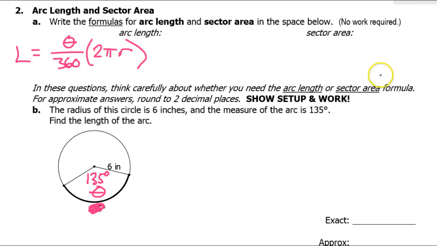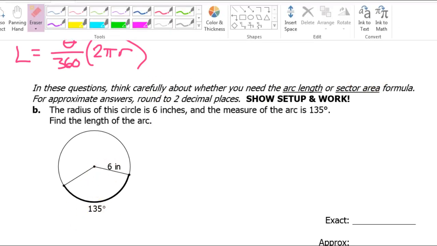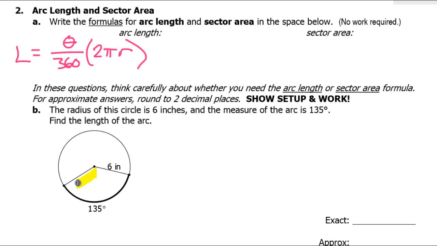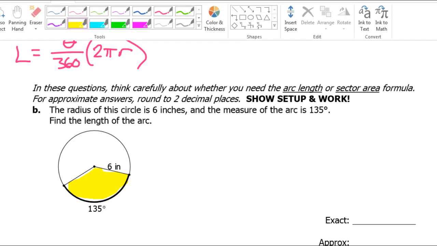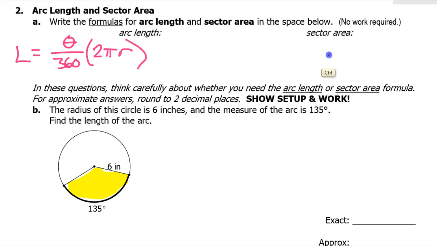On the other hand, when we're talking about sector area, we're dealing with the space on the inside here. All right? Not just the border, but all of this that I'm coloring in yellow right now. This is the sector area. This is a portion of the area of the entire circle. So let's talk about what the formula is for the area of the entire circle.